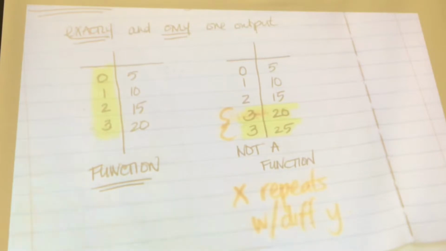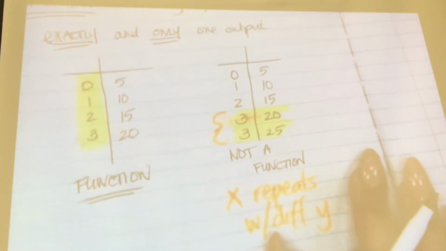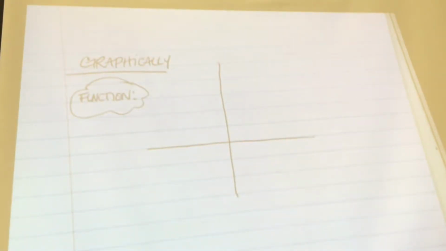So let's see how that would look on a graph. Graphically, that means that if I were to plot these points for the function, let's go ahead and plot the same points that we created.